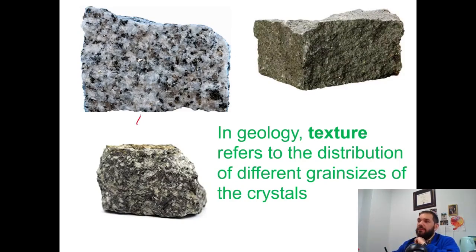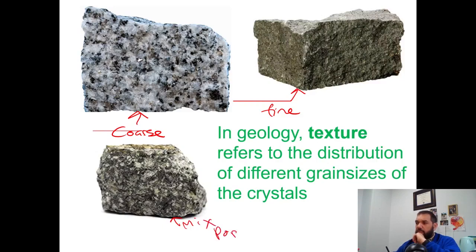This, for example, we would call a coarse-grained rock, because all the crystals are large and you can see them. They're coarse, they're big. This, on the other hand, would be a fine-grained rock because you can't really see the individual crystals in there. Maybe this one would be kind of a mix. There are some crystals in there that you can see, other ones you can't. We call that mix porphyritic.